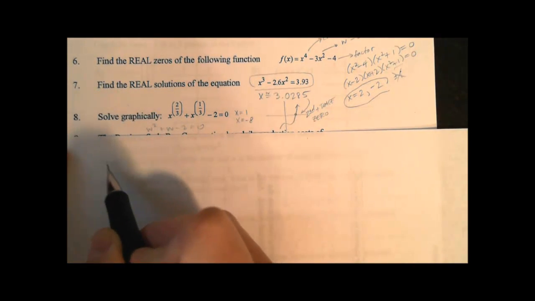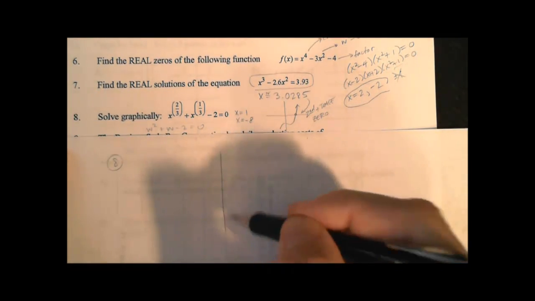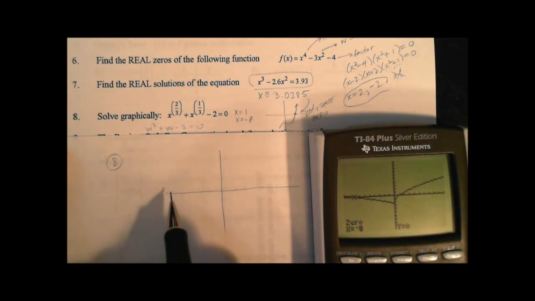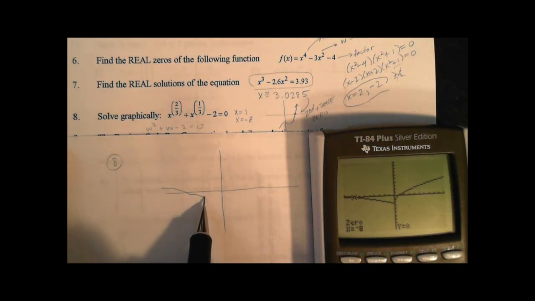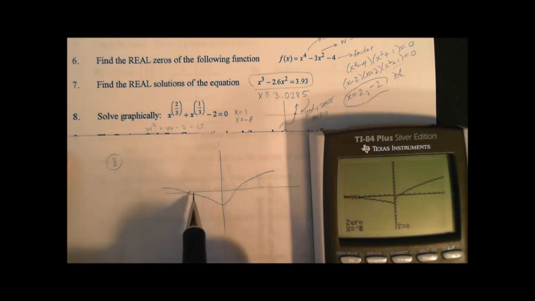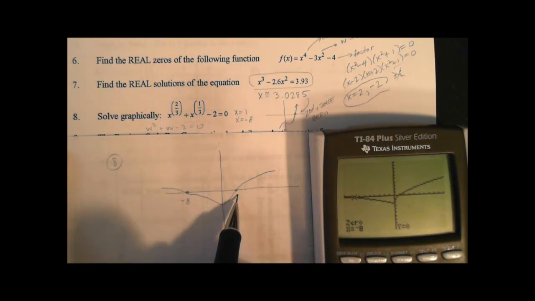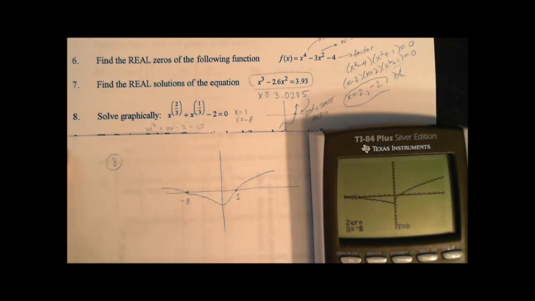Again, if I was to annotate this, I would say we have a graph that looks something like that. It's got a solution at negative 8 and positive 1.